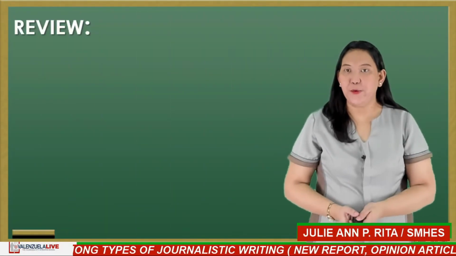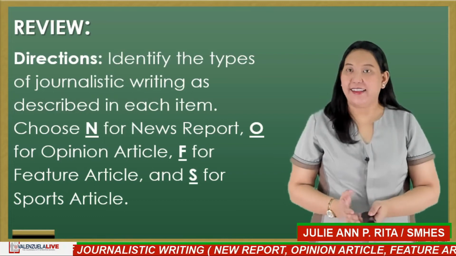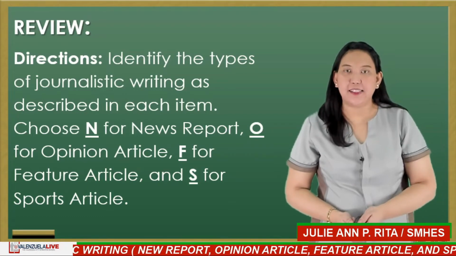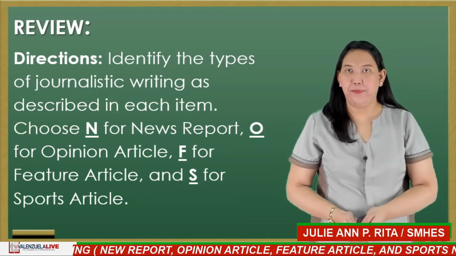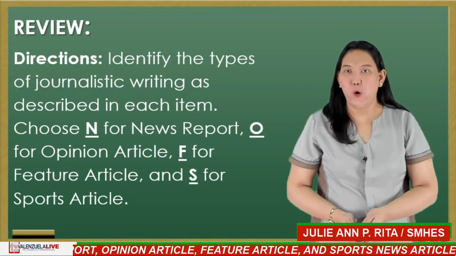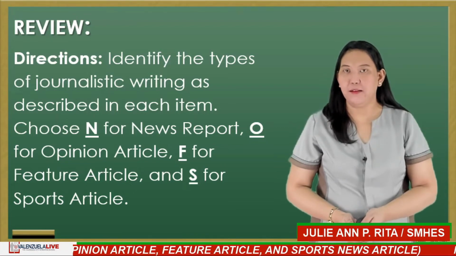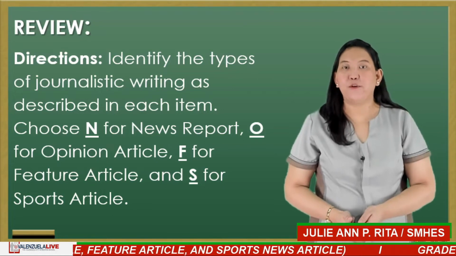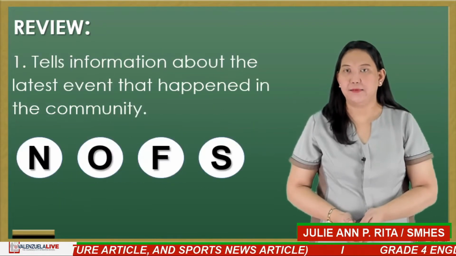For our review, identify the types of journalistic writing as described in each item. Choose N for news report, O for opinion article, F for feature article, and S for sports article.